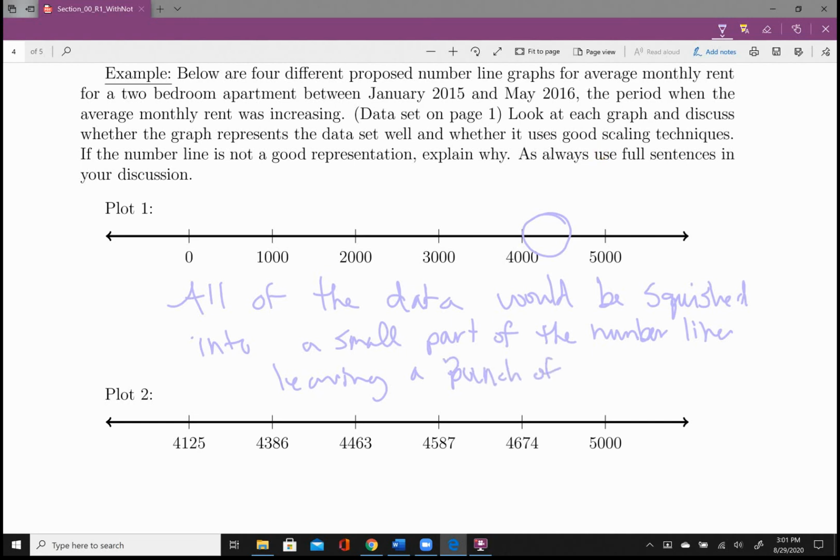Empty space is no good. So for that reason I'll say plot 1, no. So I'm going to put a little X next to it, okay?